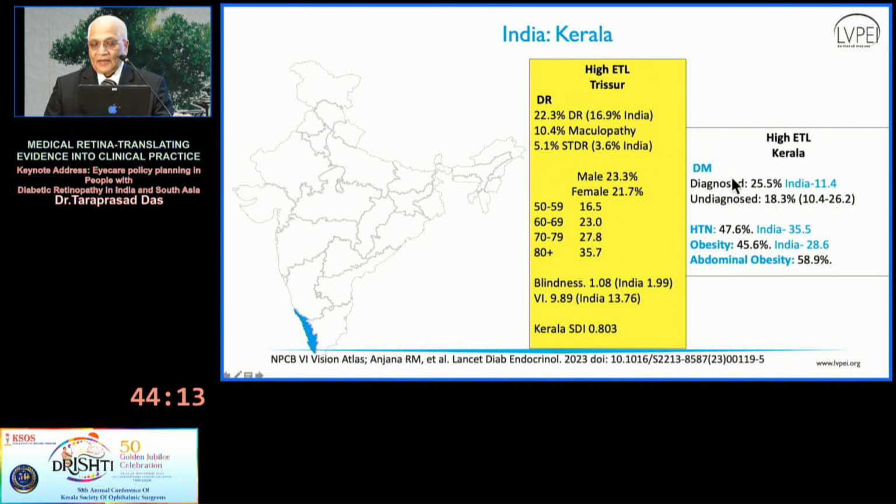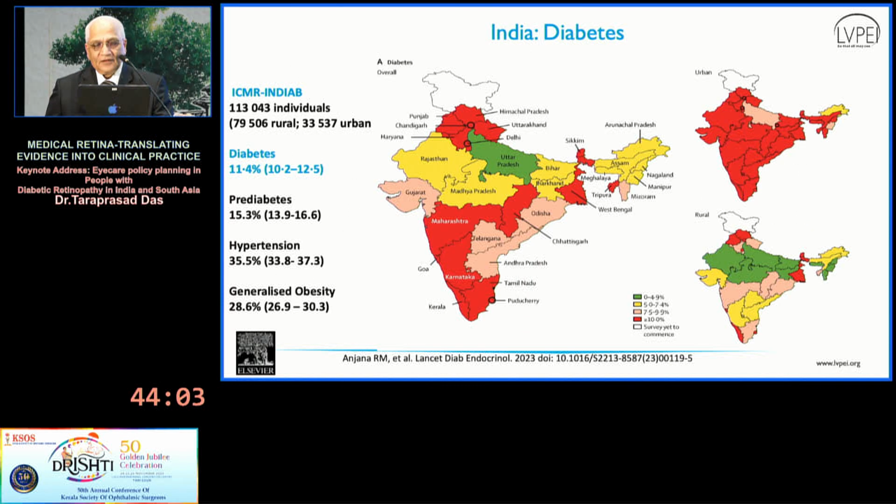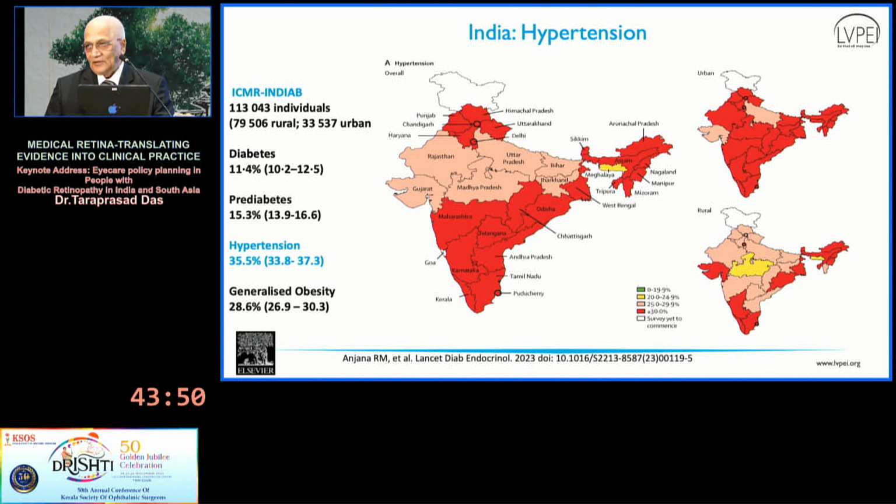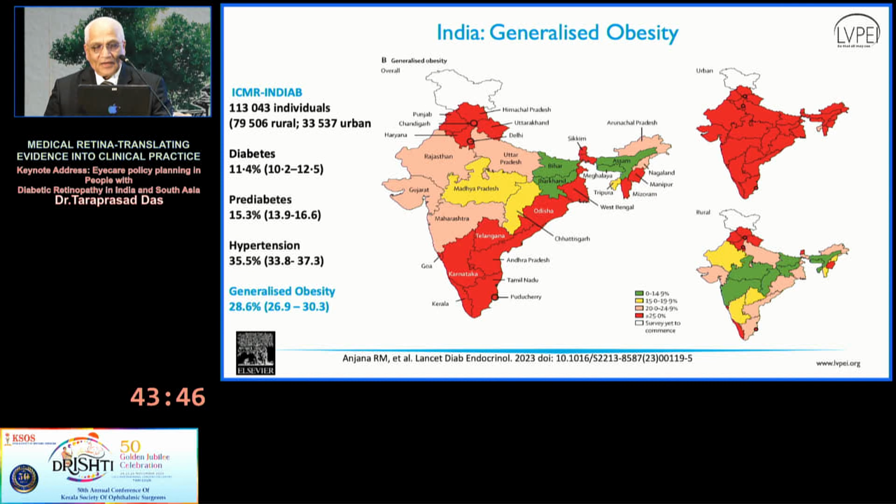In Kerala, diabetes is much more than in India, both diagnosed and undiagnosed, so also hypertension, obesity, and abdominal obesity. Look at those beautiful figures published in Lancet Global Health, that is urban rural. Look at those figures, both are red, that means it is blurred between urban and rural for diabetes, so also pre-diabetes, so also hypertension. That means in Kerala there is nothing called rural, everything is urban.